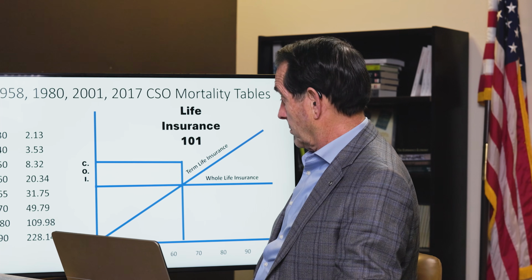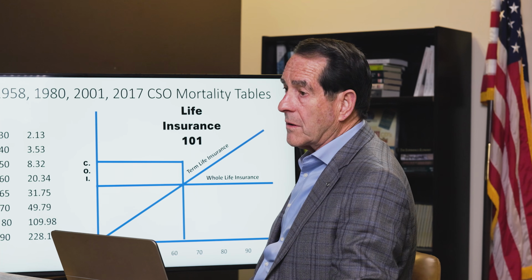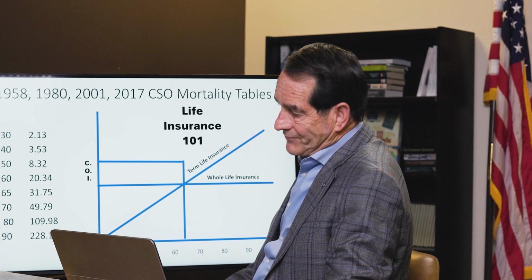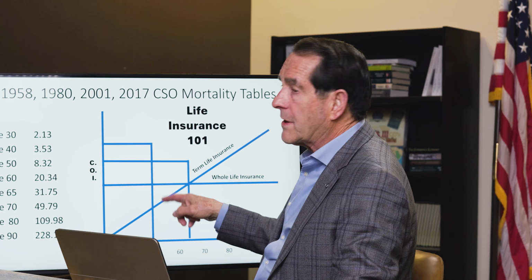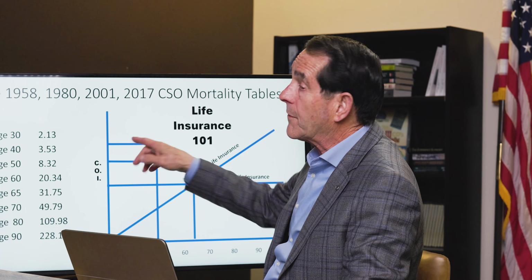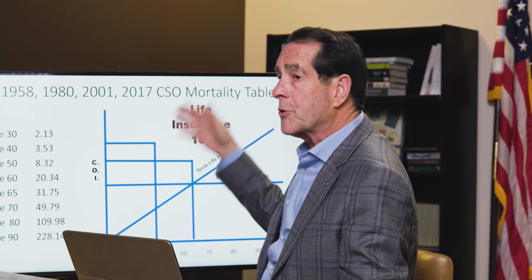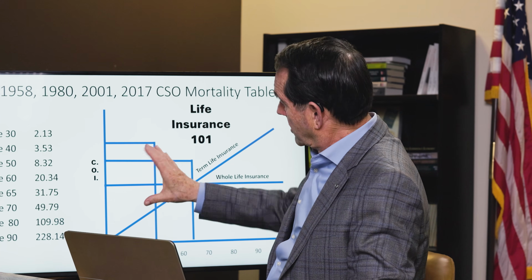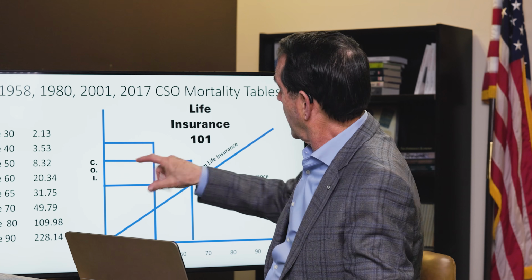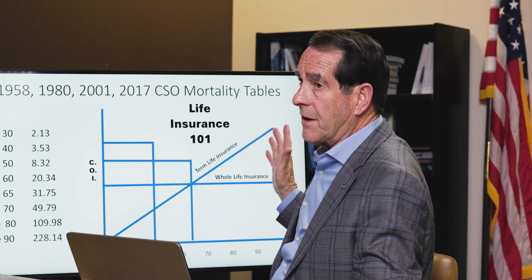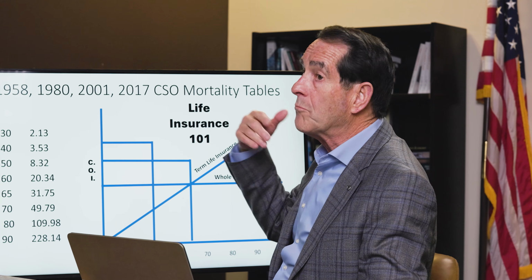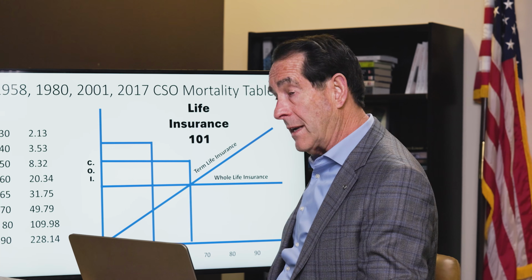Now, they said, well, golly, what if I want to just pay in here for 20 years? So yes, you could pay into this whole life policy for 20 years. Now you're having to pay way more money, way overpay, so that in 20 years you stop, and all this cash is growing with interest that will cover the rest of your life because you put in more money. Does that make sense?